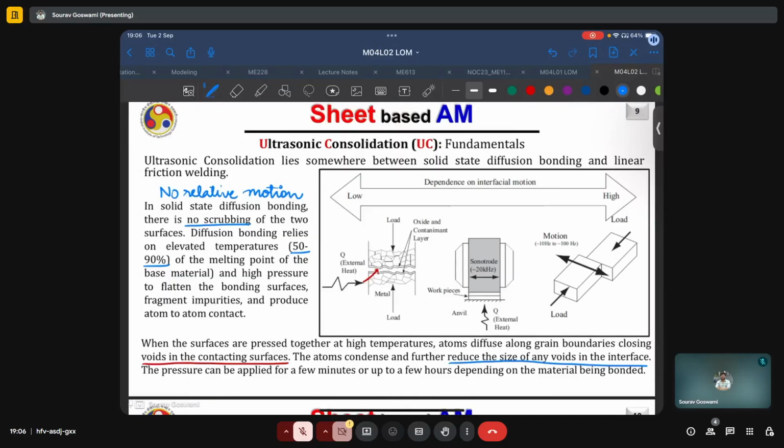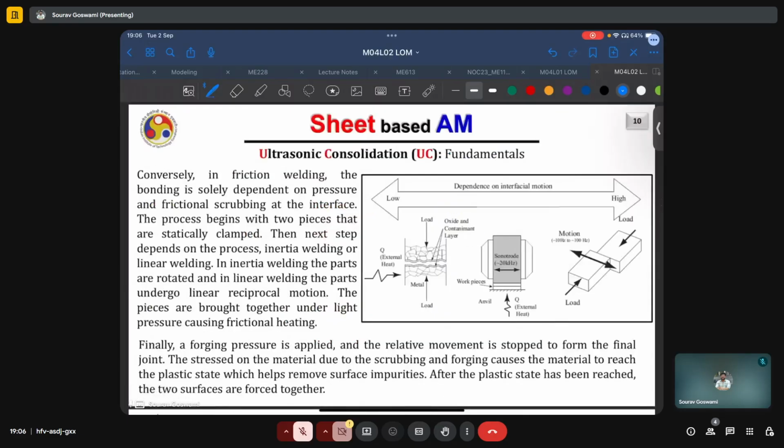Such a pressure can be applied for a few minutes, up to a few hours, or even weeks or months, depending on the material being bonded, the extent of diffusion that we're looking for, the temperatures and pressures that we're working with, or our objective in general. Since there is no relative motion, the dependence on interfacial motion is low.